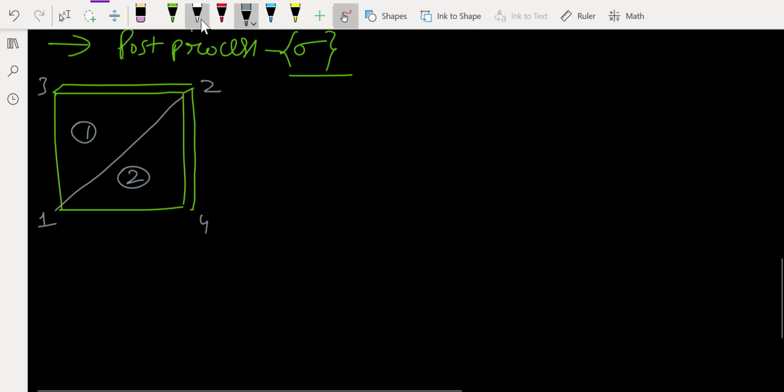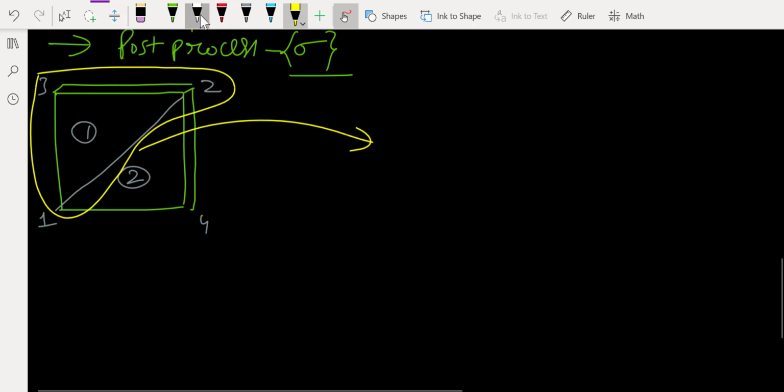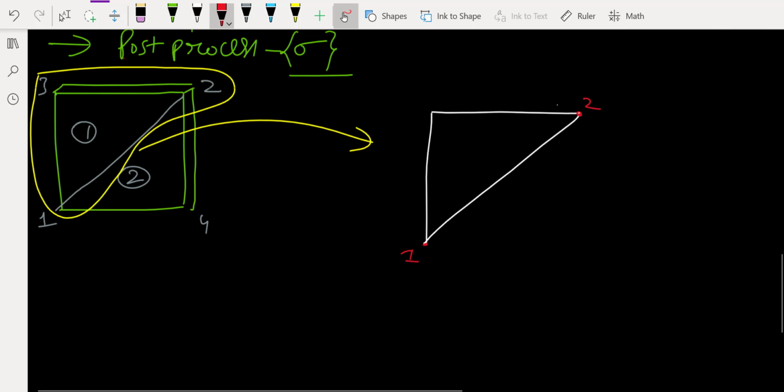If I take this part out here, I'll redraw only this in zoom scale. So this is your 1, this is 2, and this is 3.